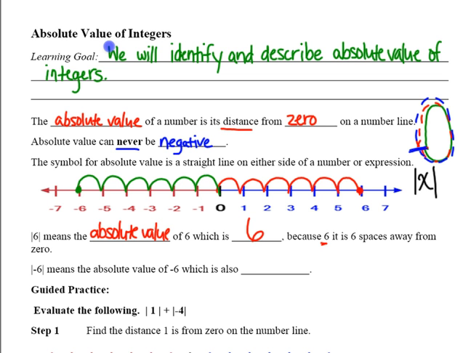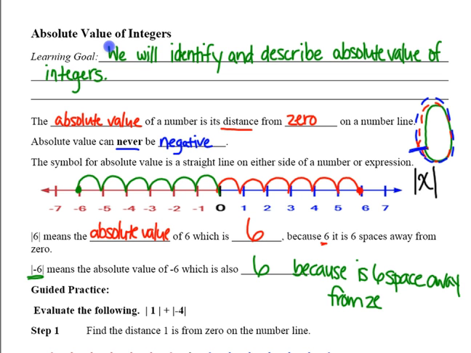So the absolute value of negative 6 is also 6 because it too is 6 spaces away from 0.